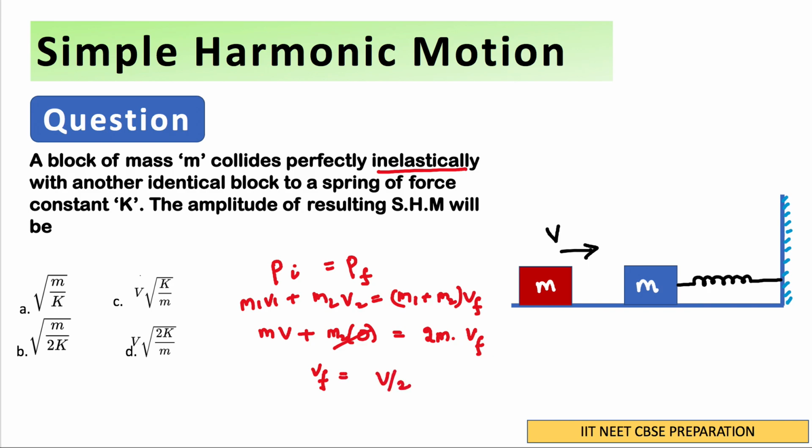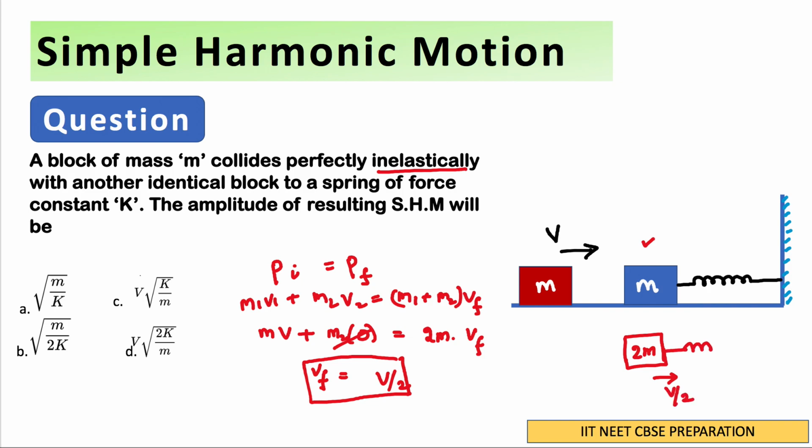So what is happening is that once the first block collides with the second block, we will have two blocks. This will be 2m, and it will start moving with velocity v by 2, which we just calculated.